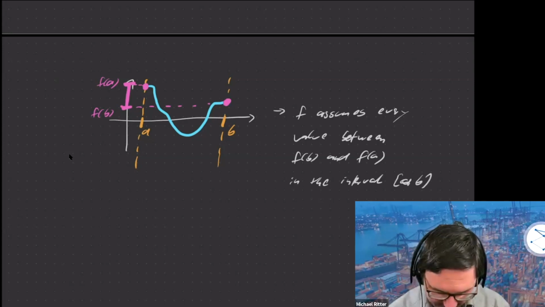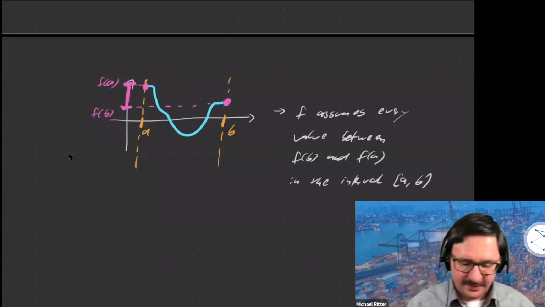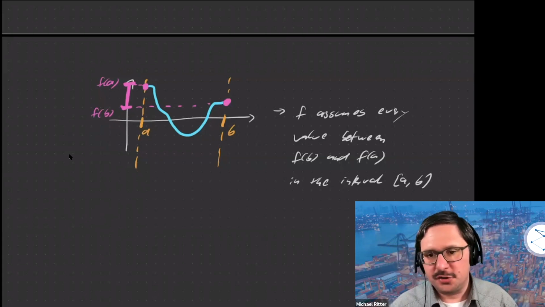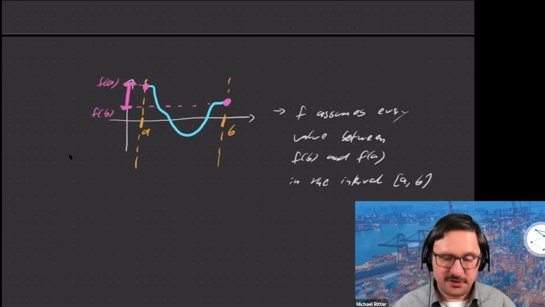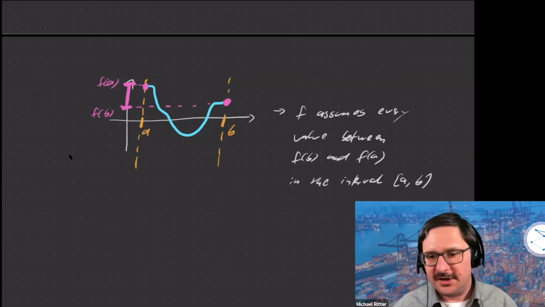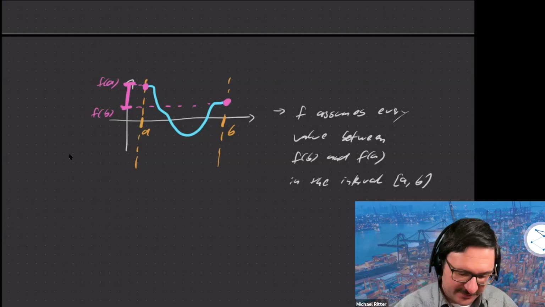And again, what you need for that, of course, is continuity. Otherwise, the function could make arbitrary jumps and leave gaps in between. And a continuous function can't do that. That's basically what the intermediate value theorem says.